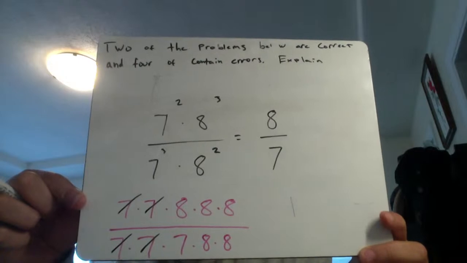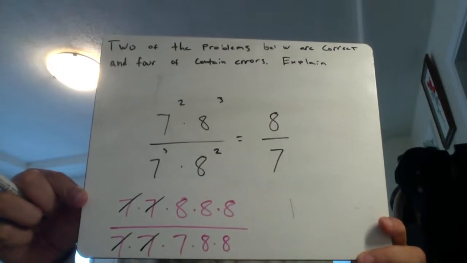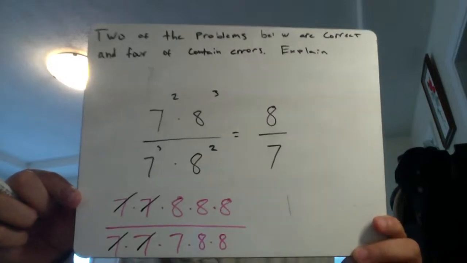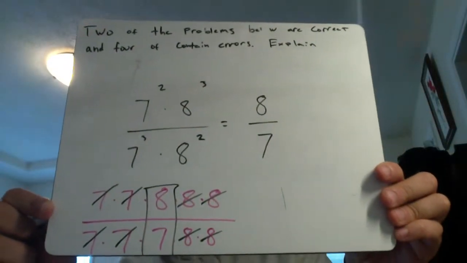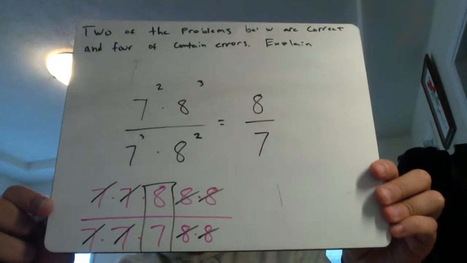In the numerator, I have 3 8s, and in the denominator, I have 2. So let me cross off these other 2. And look at what we're left with. Left with 1 8 in the numerator and 1 8 in the denominator.